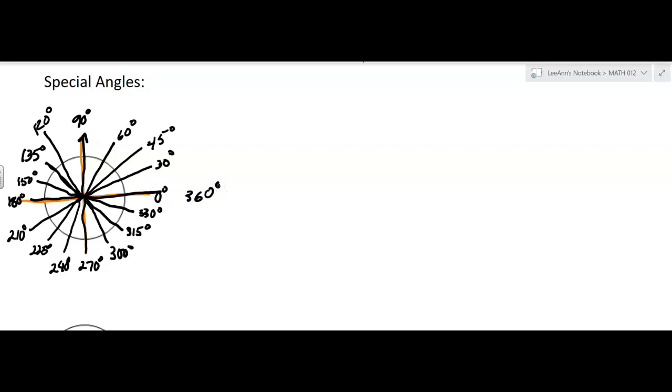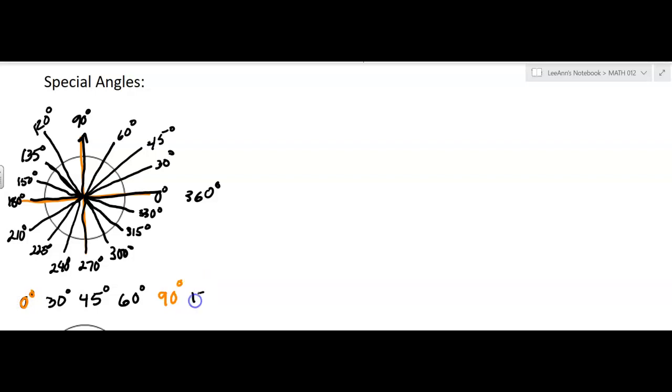Okay, so I'll try to list them all right here. 0 degrees, 30 degrees, 45 degrees, and 60 degrees. And then we're at the quadrantal angle, 90 degrees, which I guess I should put in orange. Then we go to the next quadrant, quadrant 2.